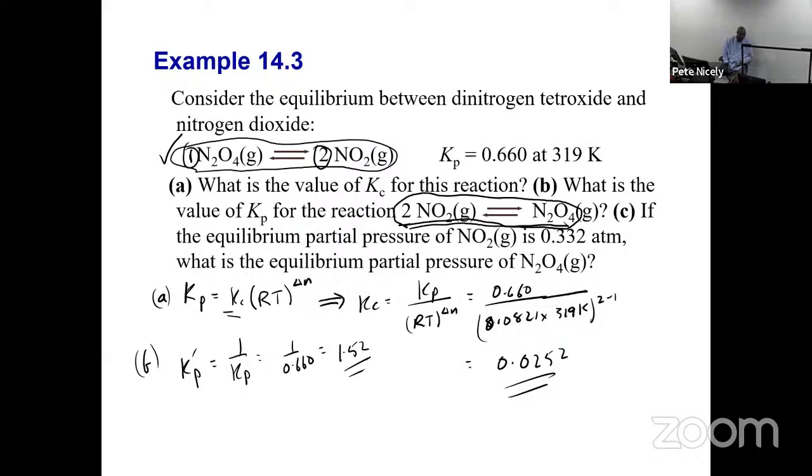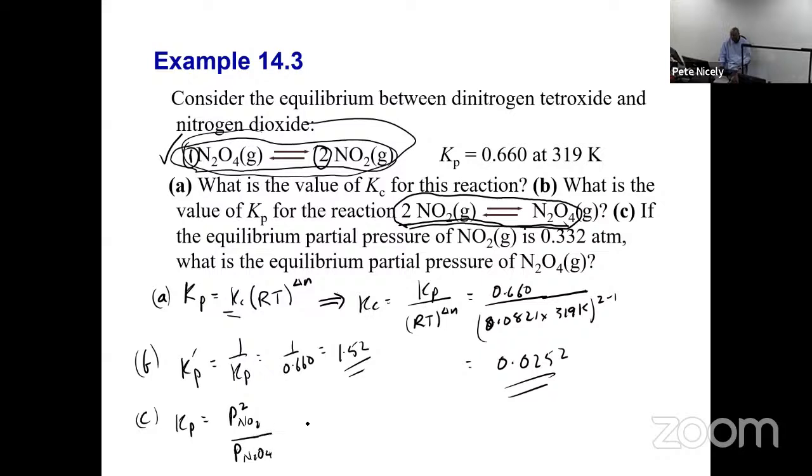Any questions? All right, in the C part, it says, if the equilibrium partial pressure of NO2 is 0.332 atmospheres, what is the equilibrium partial pressure of N2O4? So first thing I would write down is the expression for Kp based on this equation, and Kp would be equal to the pressure of NO2 squared divided by the pressure of N2O4, right?